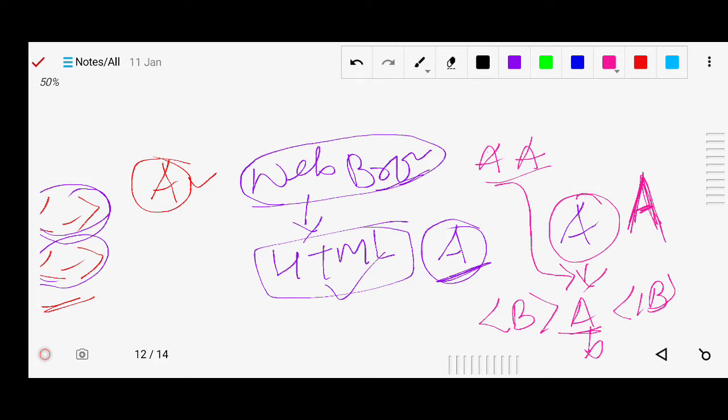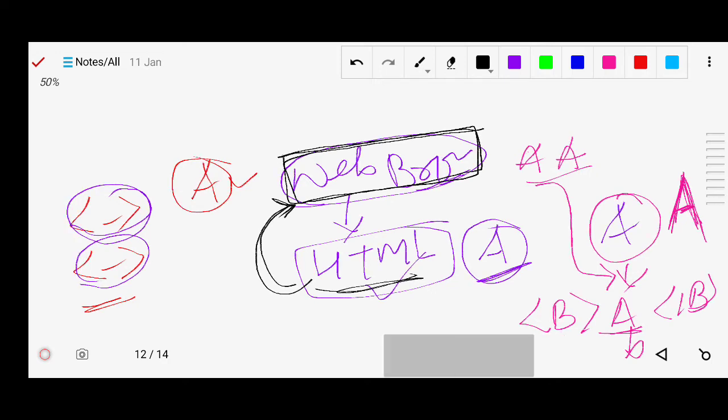By this HTML, the web browser understands the content of the web page. Got it? The content of HTML can be understood by the web browser.